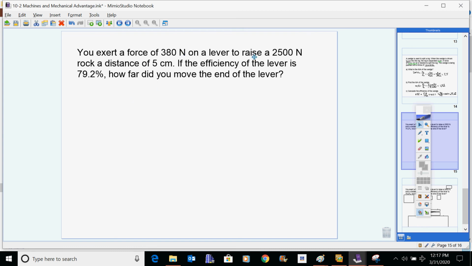and it's a 2,500 newton rock, and it's going to be lifted a distance of 5 centimeters. They give us the efficiency of the lever, and they're trying to ask how far did you move your end of the lever if you exert that. So what we need to do is identify the pieces and parts we have in terms of the resistance distance, the resistance force, the effort distance, and the effort force.